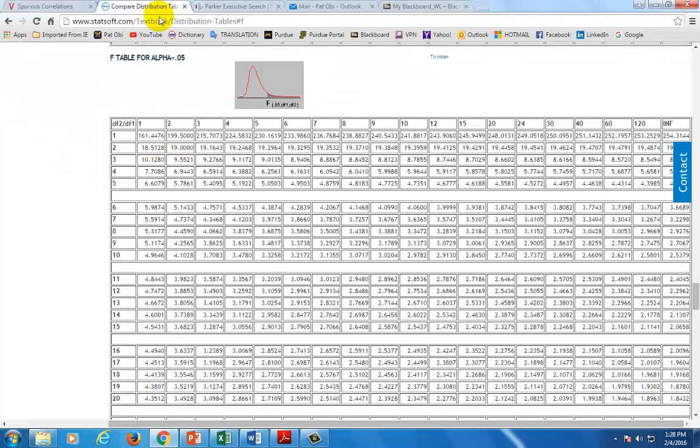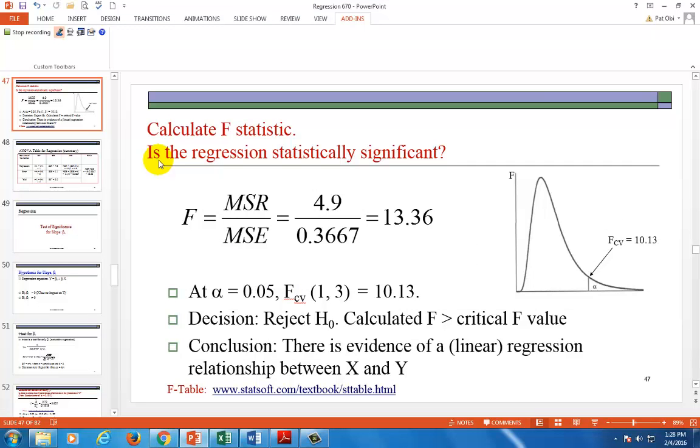Alright, where do I have it? Right there. Alright, so this is the F table for alpha of 0.05. So 1 degree of freedom in the numerator for regression and 3 degrees of freedom in the denominator for error. And you're looking at the critical value right there, approximately 10.13. And that's what you see right here. Alright, 10.13.